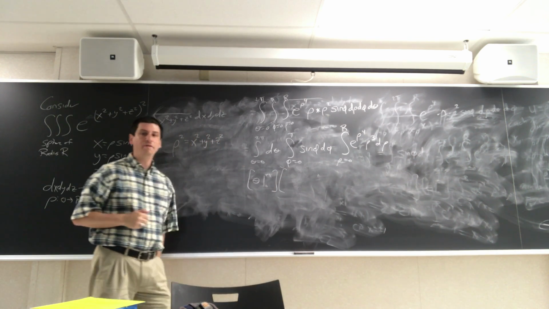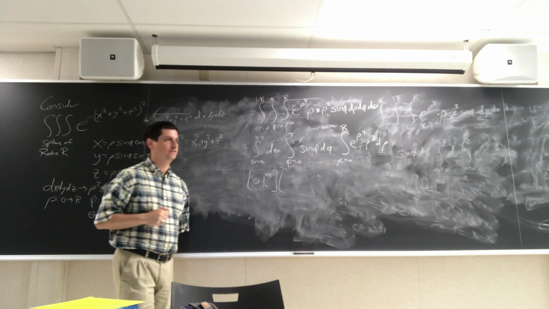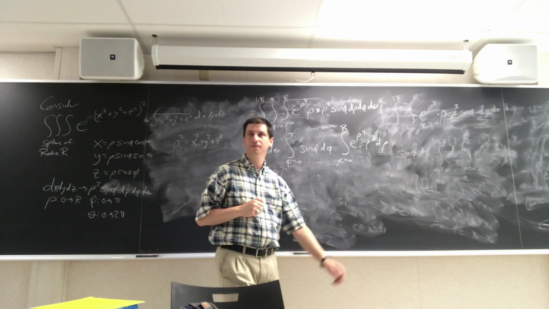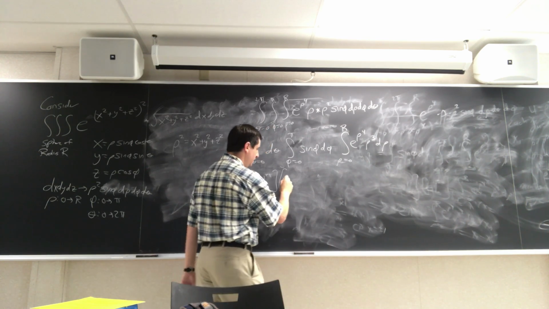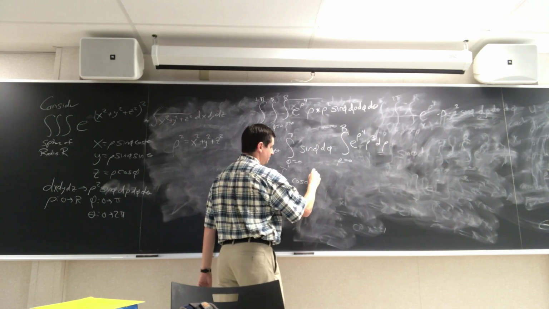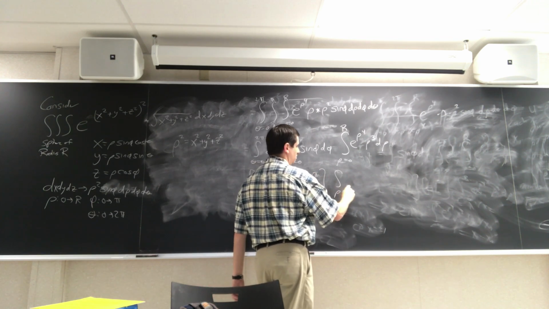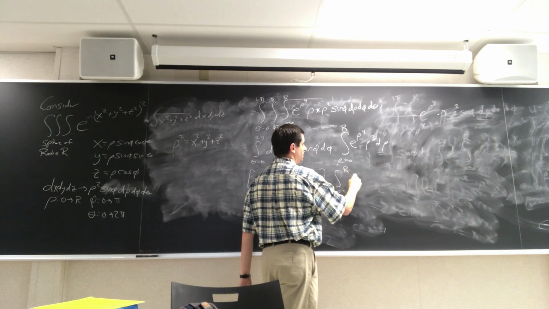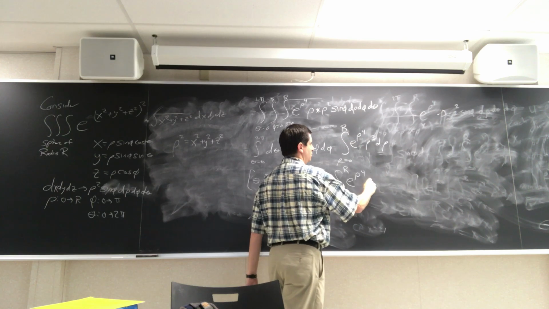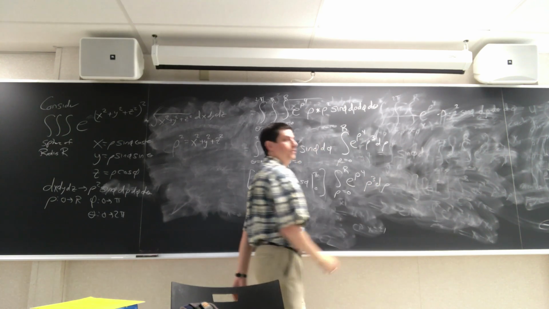The next one is, what function has derivative sine of phi? It's negative cosine phi at 0 and pi, and then we'll leave our rho integral, 0 to r of e to the rho to the 4th, rho cubed d rho.